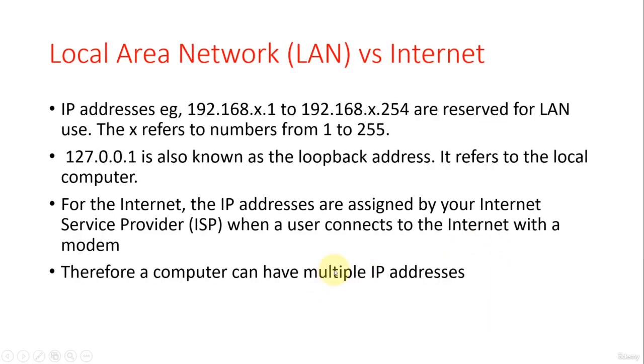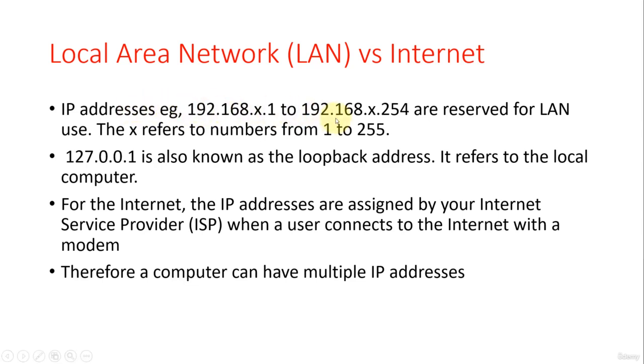Local area network versus internet. IP addresses, for example, 192.168.x.1 to 192.168.x.254 are reserved for LAN use. The x here refers to numbers from 1 to 255. There can be other ranges of internal IP addresses as well.